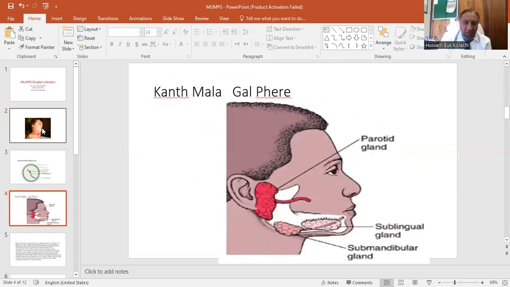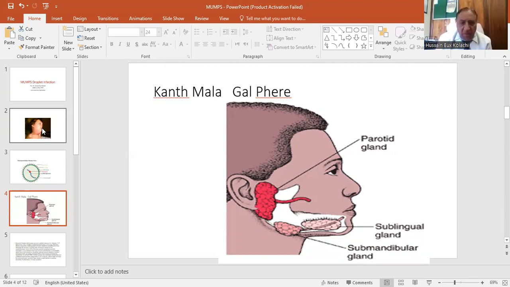Then you can see the glands, which are the parotid gland, sublingual gland, and submandibular glands. The parotid glands are at the pinna of the ear. The infection starts and swelling occurs, and sometimes it is also called bull neck swelling.